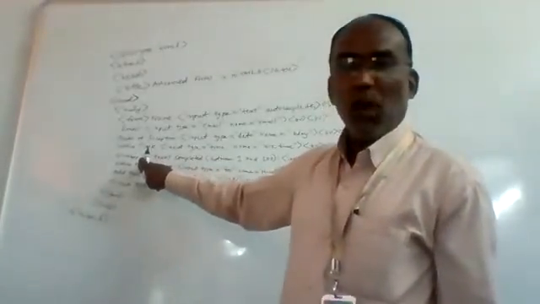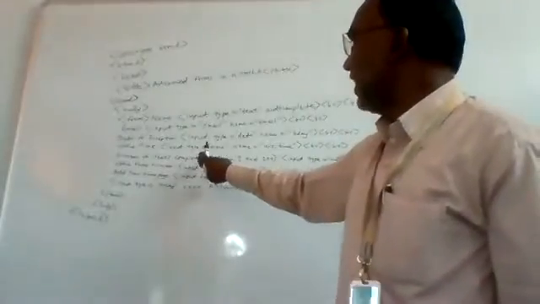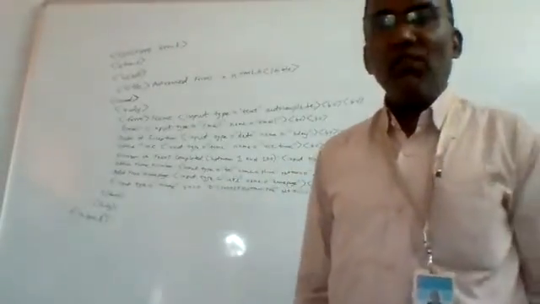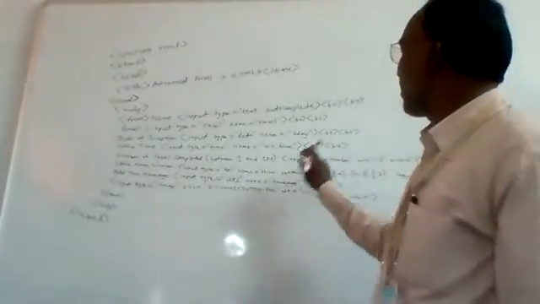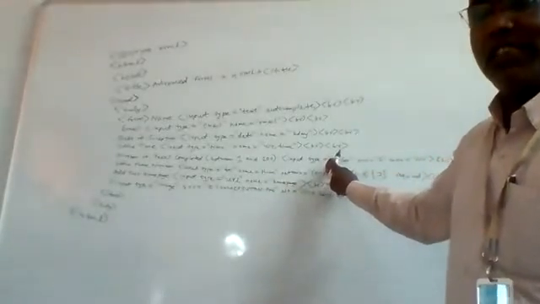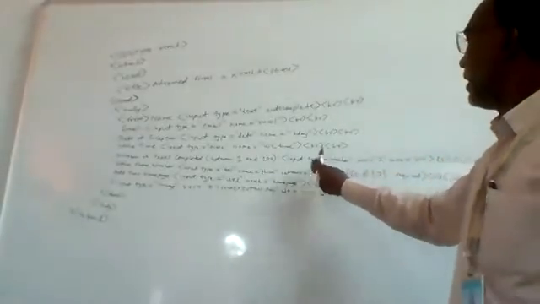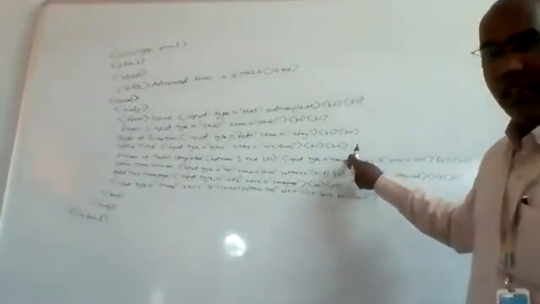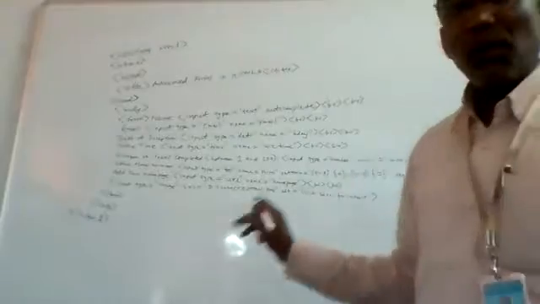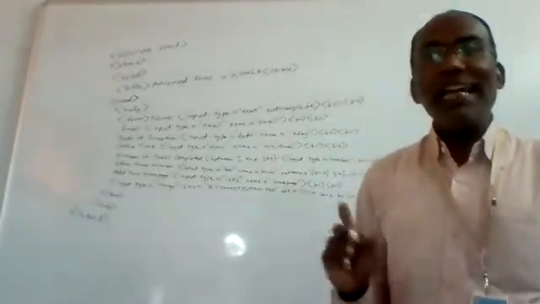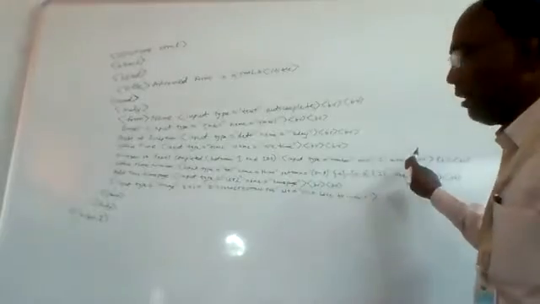Next, number of years completed, between 1 and 100, input type is equal to number. Here we are using the min and max attributes for validation purpose.